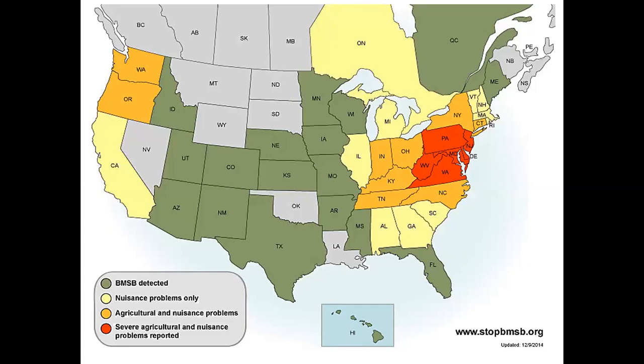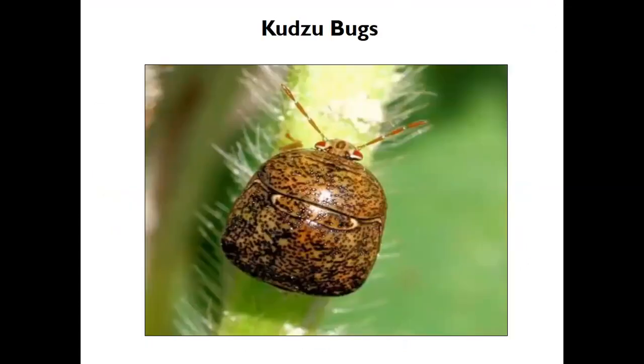Kudzu bugs were first detected in 2009 in Barrow, Jackson, and Oconee counties. I was involved with that first detection, and they just started appearing around kudzu, and like the brown marmorated stink bugs, they became problematic, gathering around people's houses on the sides and getting into homes.